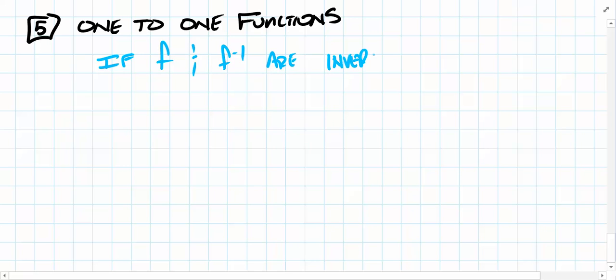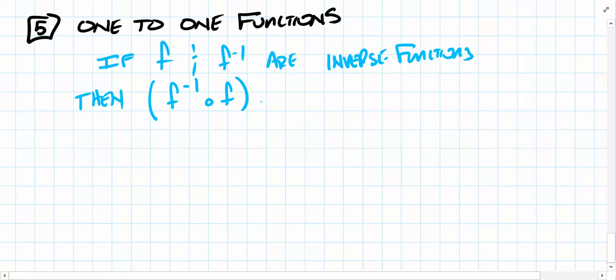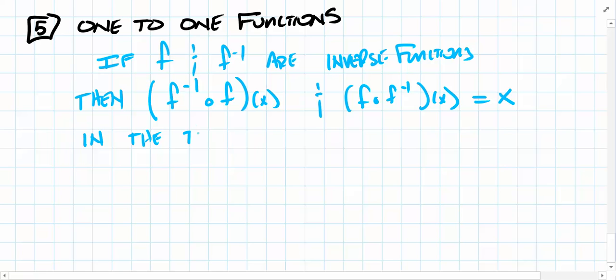It's going to look really scary, but it's going to be pretty straightforward once we do it. f inverse of f of x, so the function composition of the inverse with its original function, and vice versa, f of f inverse of x, will always give you back the identity x. And this is only true for x in the domain of respectively f and f inverse. So you have to always consider that.